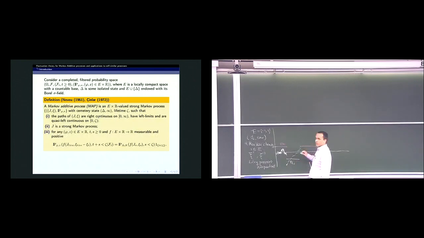Then again, at the exponential time, I add another jump. This time it is again negative, and I use again the Brownian motion. Again there is a jump, to some position, and now I use again the subordinator. So every time I switch state, I switch into one of these two processes.